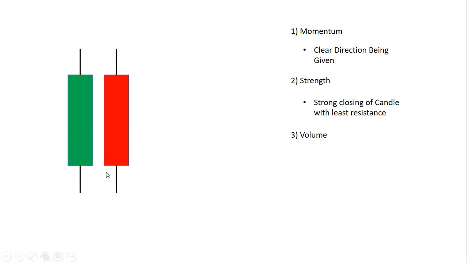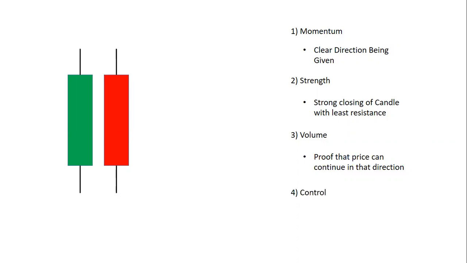Now we have evidence that there are buyers in the market, with least resistance from sellers to push the price to the downside, and a clear direction being given to us, saying that this bullish candle is going to continue pushing to the upside, right? With volume, we have proof that price can continue in that direction.